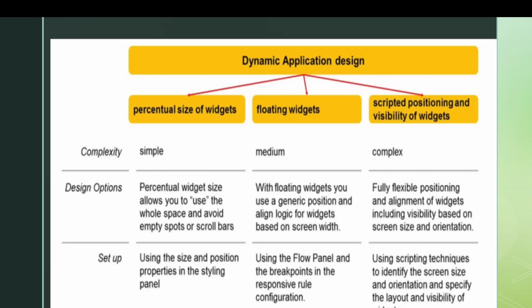Last but not least, we use scripting techniques to identify the screen size and orientation, and to specify the layout and visibility of widgets. It means that by using the scripting feature of SAP Analytics Cloud, we first identify the screen size of the device on which our application is running, whether it is a tablet, a mobile, or a desktop.